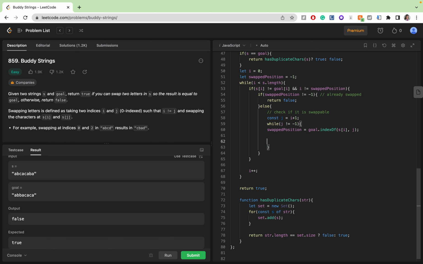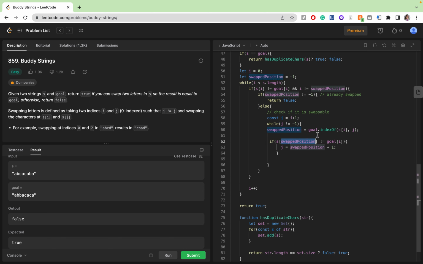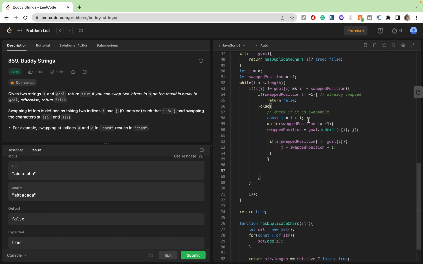So what should we do? J is equal to I plus 1 if sort position is not equal to minus 1.